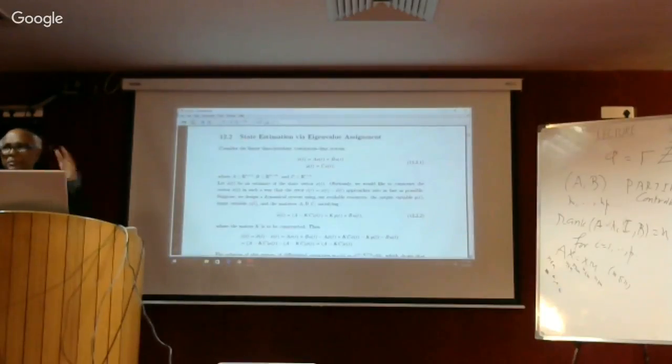It's purely algebraic. It doesn't depend upon the state x. But when you have to construct the control law u of t equals Kx of t, there you need the explicit knowledge of the vector x.